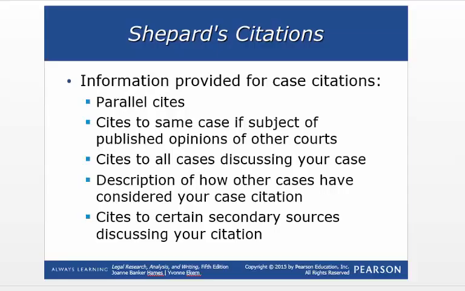So I don't want to spend a whole lot of time on this because I'm going to guess that most of your work experience using citators is going to be online, using KeyCite in Westlaw and other online citators, or double checking citations through other databases. So we'll quickly go through Shepard's because you have access to Westlaw.